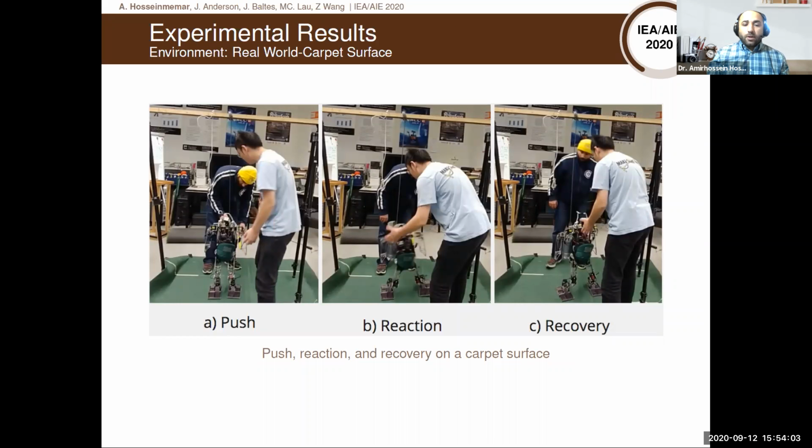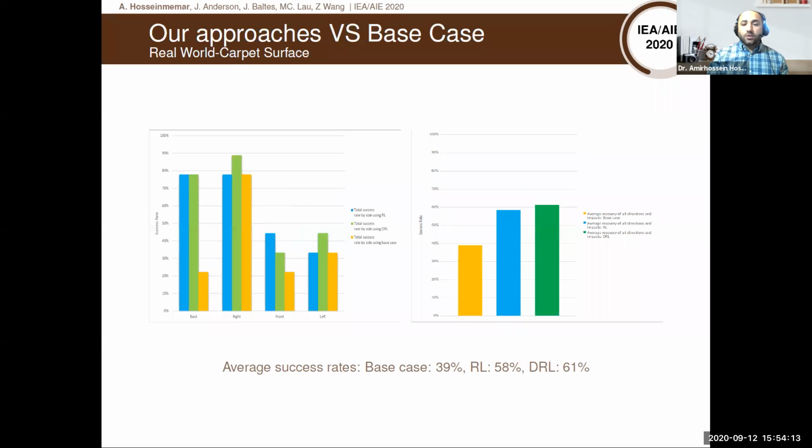We do the same thing for the robot walking on the carpet, and the robot again had different actions and reactions. So for the base case, the robot recovered 39%, for RL 58%, and deep reinforcement learning 61% of average success rate.